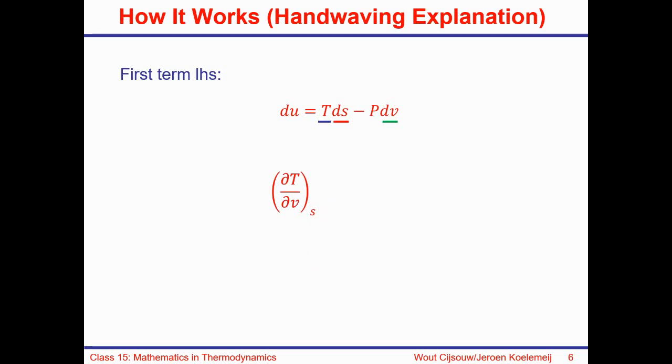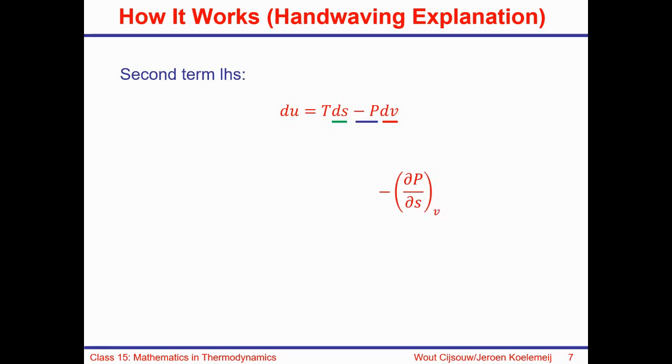All right. And I can do the same thing for the second term. I can take the partial derivative of P, or actually minus P, with respect to the other variable, S, like this. And I will do this for a constant specific volume, like this.